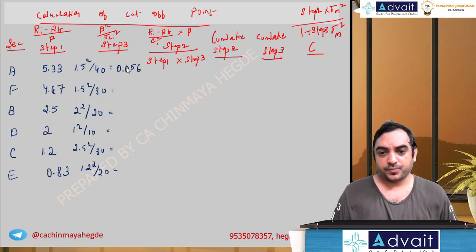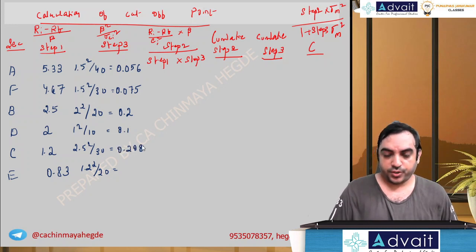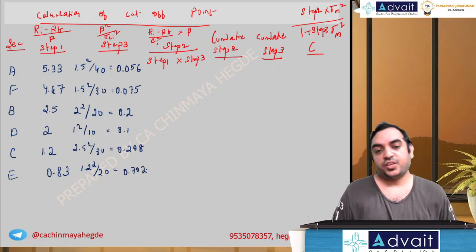I'll take 3 decimals; the institute also has taken 3 decimals. 0.056, then 1.5 square by 30, 0.075. 2 square by 20, 0.2. 1 square by 10, 0.1. 2.5 square by 30, 0.208. 1.2 square by 20, 0.072.